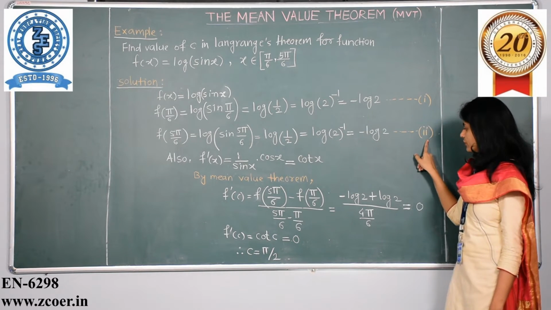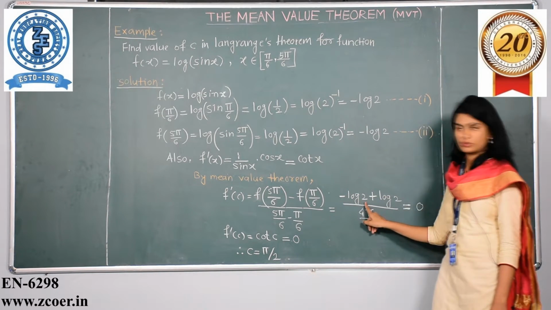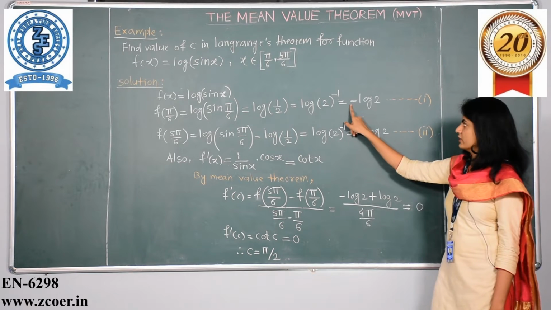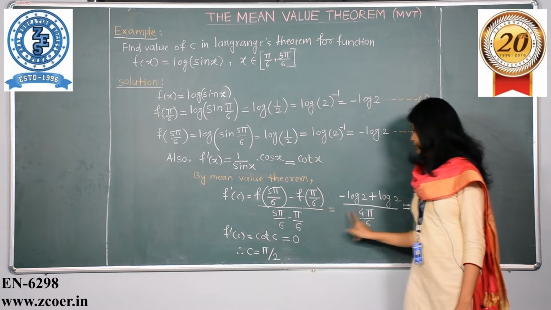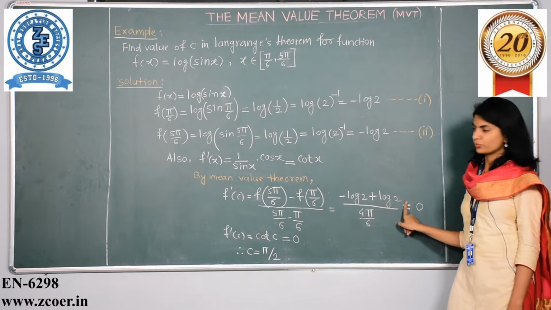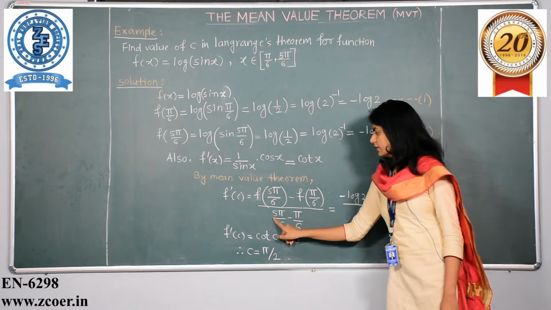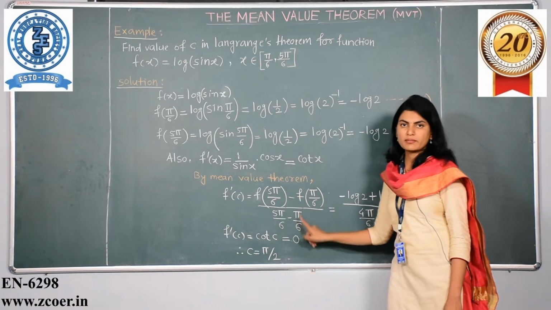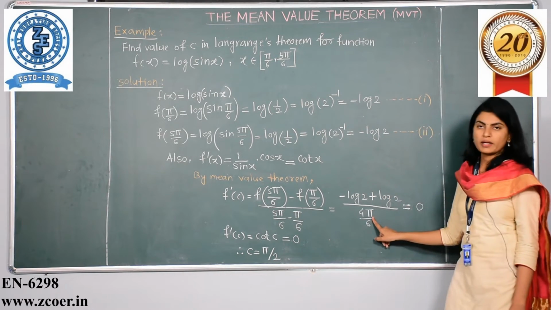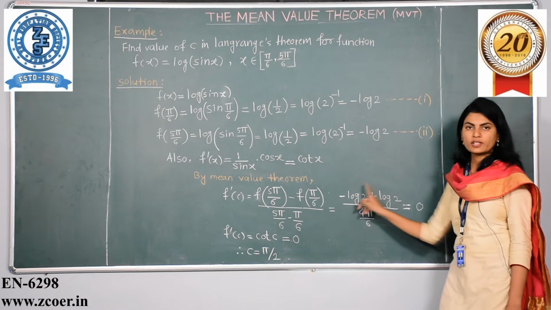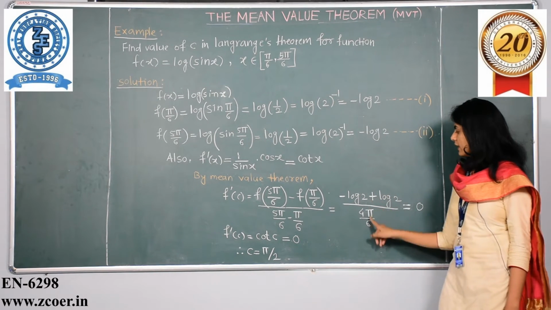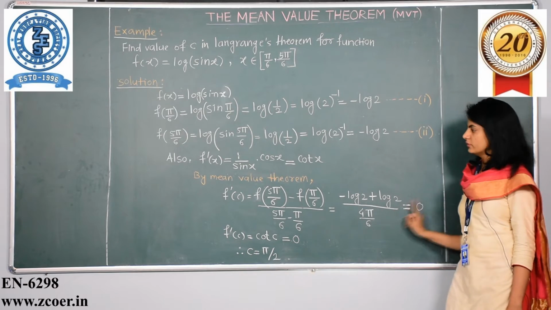So from equation 2 we get the first value, minus log 2, and the second value is also minus log 2. So this minus minus becomes plus, so we have written plus log 2, and 5 pi by 6 minus pi by 6 becomes 4 pi by 6. Here minus log 2 and plus log 2 get cancelled, so it is 0 by 4 pi by 6, which becomes 0.